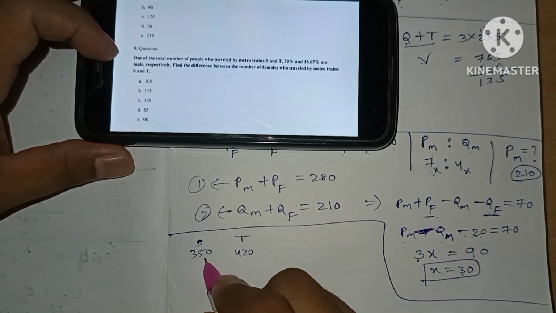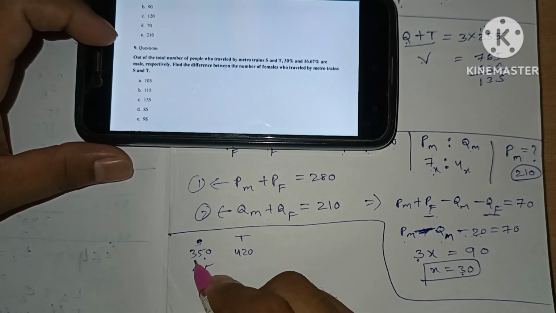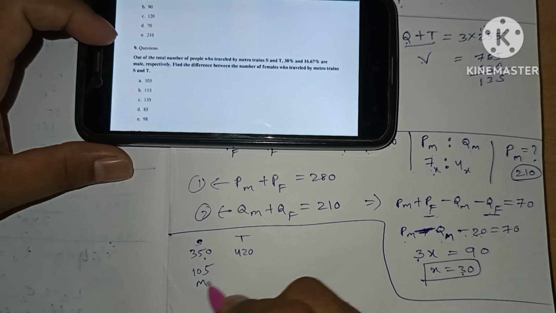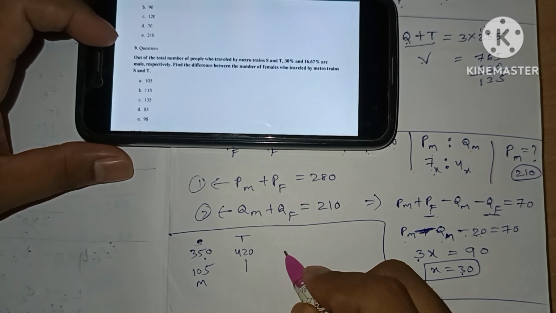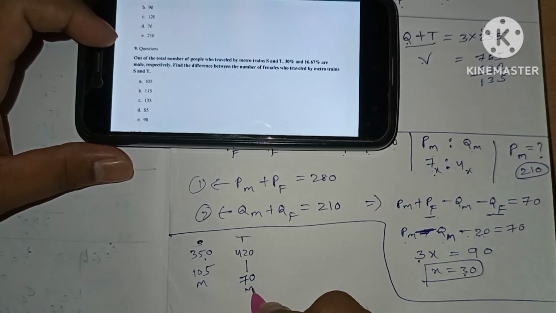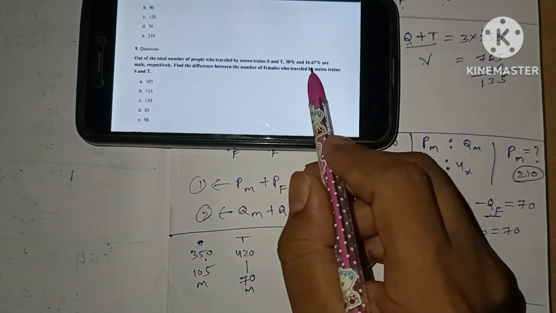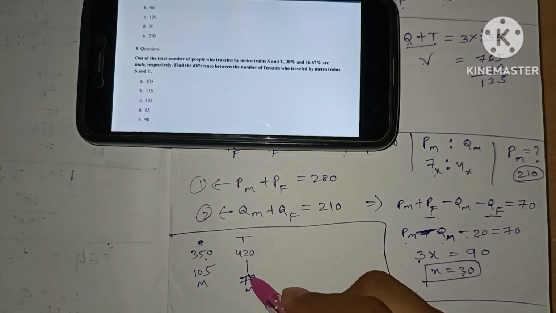So 30% of S means 105 are males. In T, 1/6 are males. 16.66% is nothing but 1/6. 1/6 are male means 1/6 of 420, which is 70.